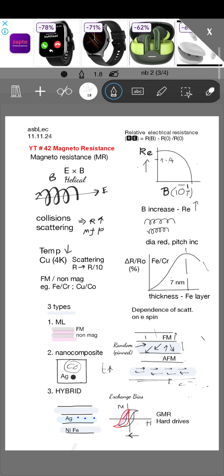That is why there is an increase in the relative resistance with respect to ferromagnetic thickness, because the lower ones which are opposite, causing scattering, are the ones responsible for the relative resistance. Now this effect occurs up to a certain thickness. In the case of the iron and chromium system, it was found that the effect of ferromagnetic layer thickness was up to 7 nanometers.